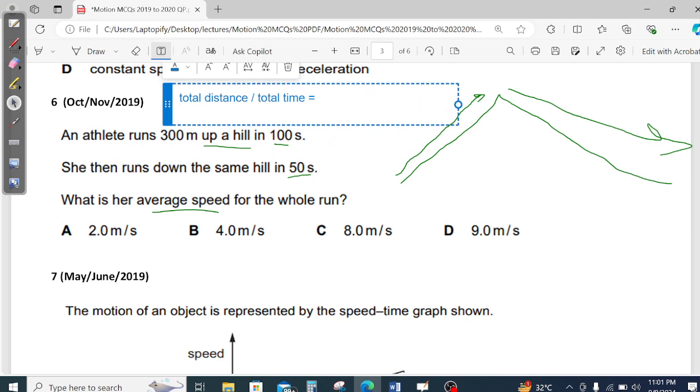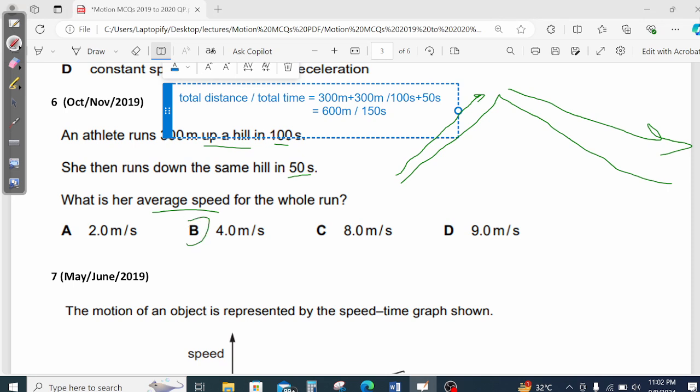So the total distance will be 600. 300 meters plus 300 meters divided by the time taken, the initial time was 100 seconds plus the second time is 50 seconds. So 600 meters divided by 150 seconds, and you will get 4 meters per second. So your answer will be B.